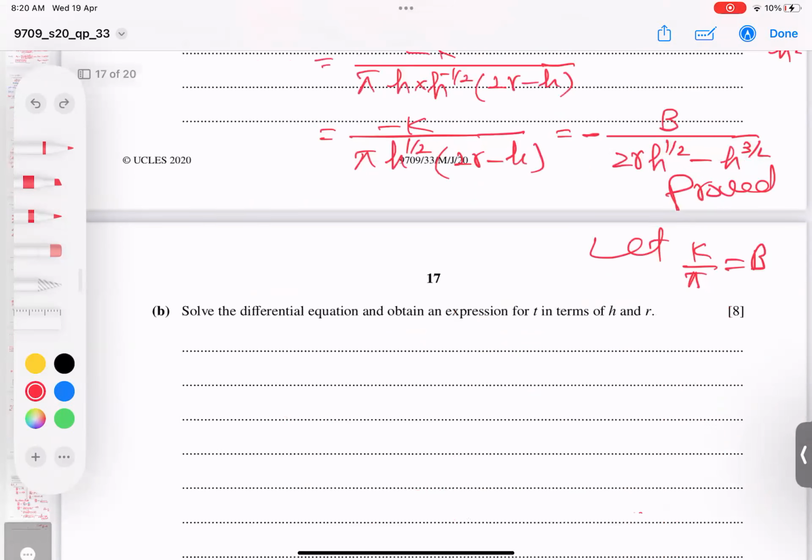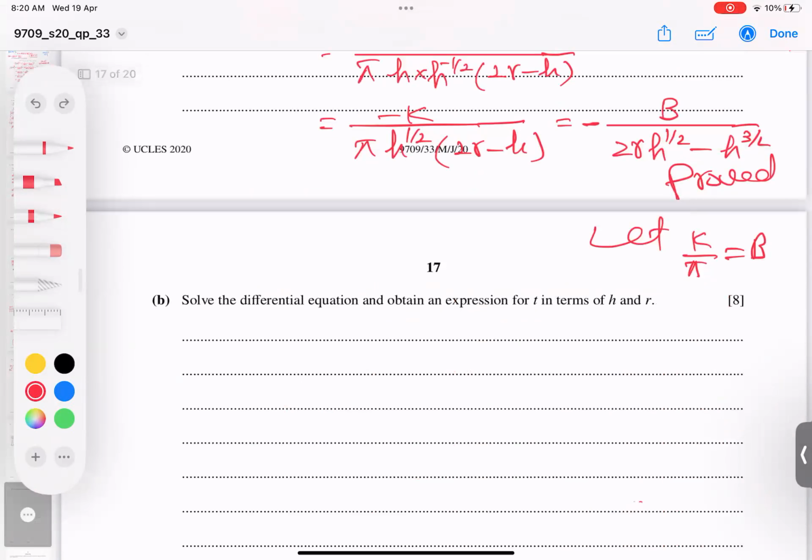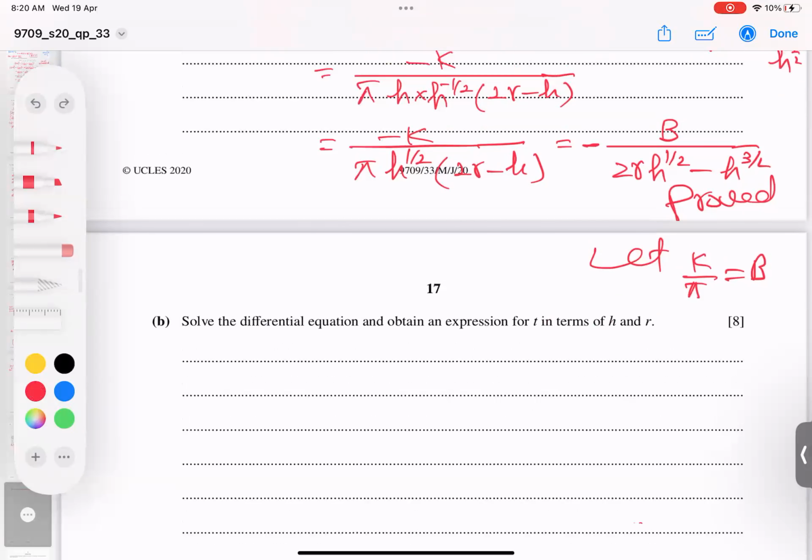So let's go for next part. In the next part, if you look carefully, what is our target? Our target is to solve it and obtain t in terms of h and r. So t is my subject. Keep your eye, t is your subject.